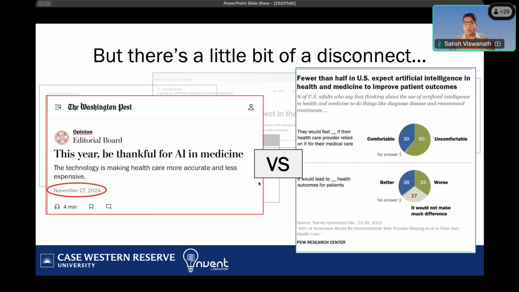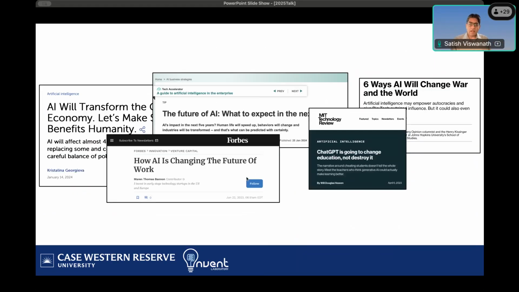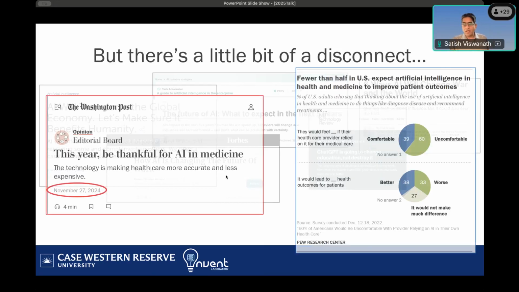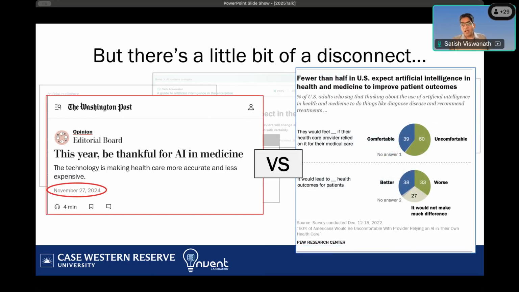But when I was looking through some of the data in the space, some interesting points I found were that if we look at the general public, the patients, the people who are finally being impacted by the advances being developed in this space, a lot of them are actually uncomfortable with the idea of AI being used in healthcare. A majority of them don't think it's going to make much of a difference or even lead to any kind of improvement.